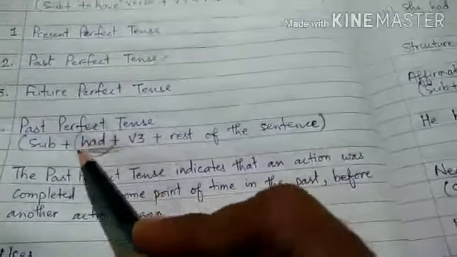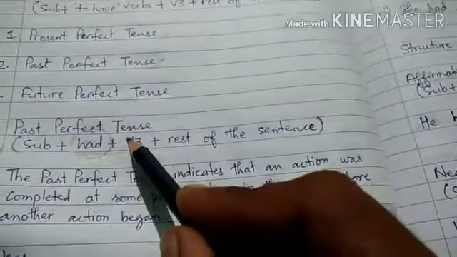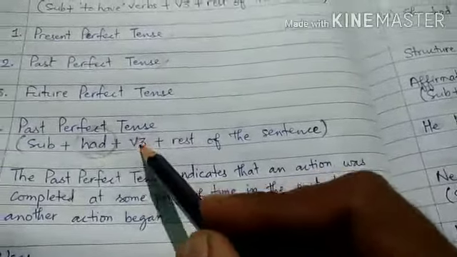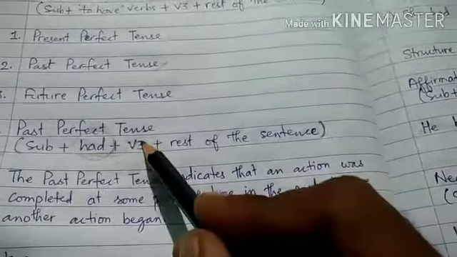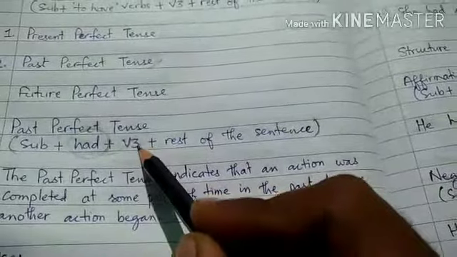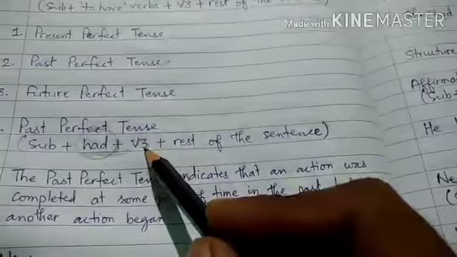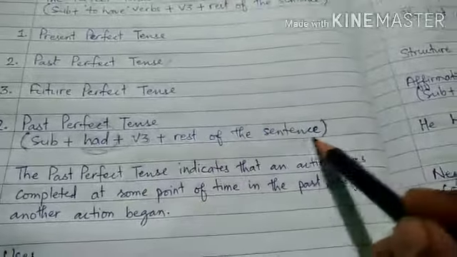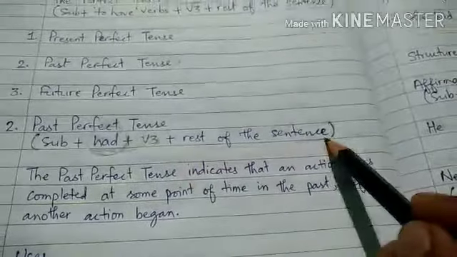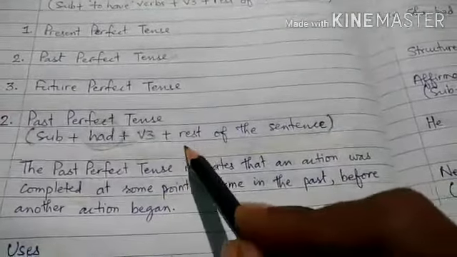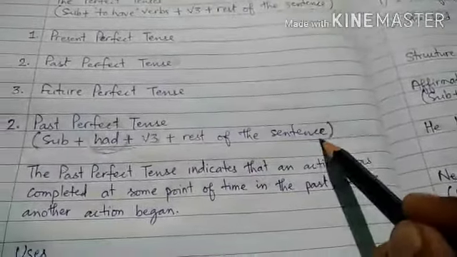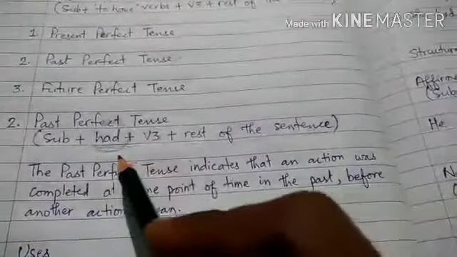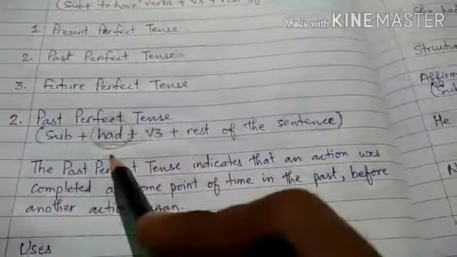After had, we use the past participle form of the verb, that is V3. After that comes the rest of the sentence, or the rest of the predicate. I hope you have understood the sentence structure in affirmative form in the past perfect tense.